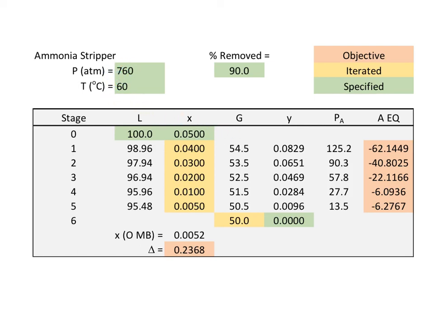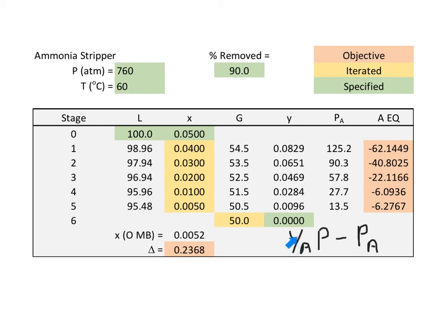And if they're not equal, then a solver will adjust this value until the equation here, which is y of ammonia times the total pressure minus the pressure that we get for the ammonia using that polynomial equation, equals 0. And we make that cell equal 0 by adjusting x.